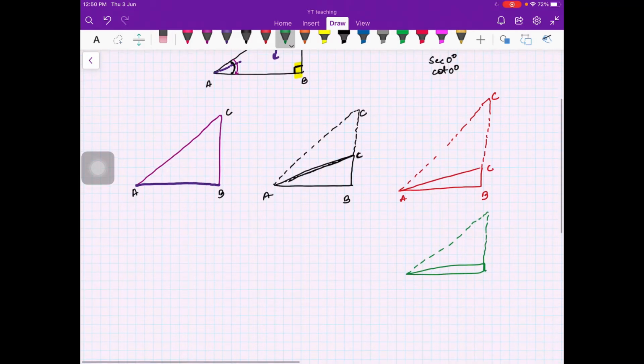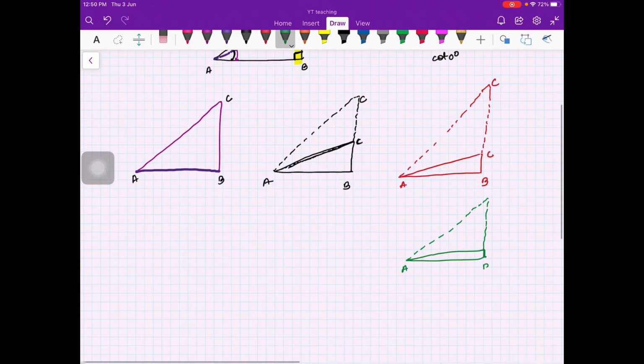See students, what just happened. This was your original triangle ABC. I want to make this angle 0, so I brought this side down. This is my new position. Then I further brought this side down, and this is my new position. And then I further brought it down, and this is my new position.